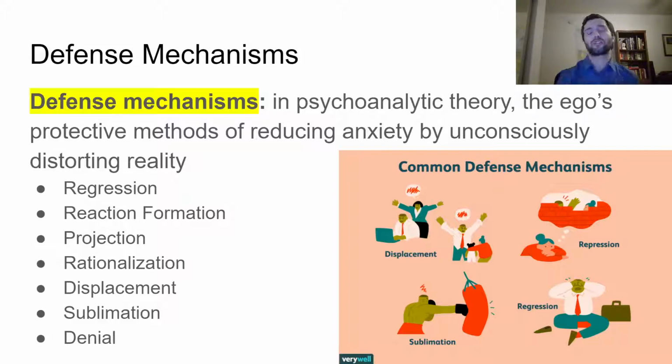So with rationalization, for example, we could say, you know what, at the end of the day, I actually didn't want to be on the soccer team anyway. I want to do this instead, right? So what's happening is I'm distorting reality just a little bit.